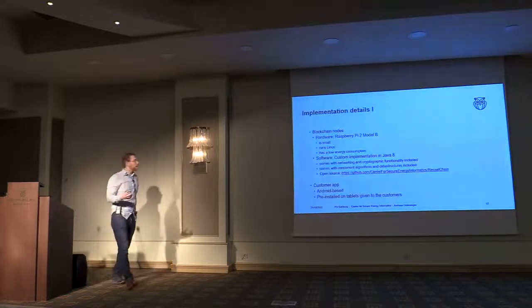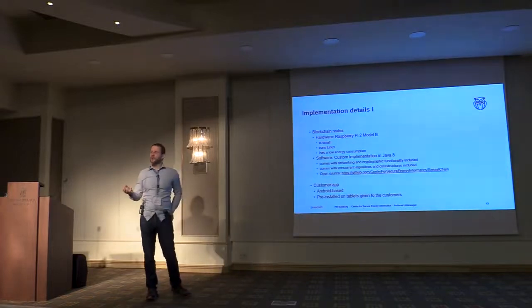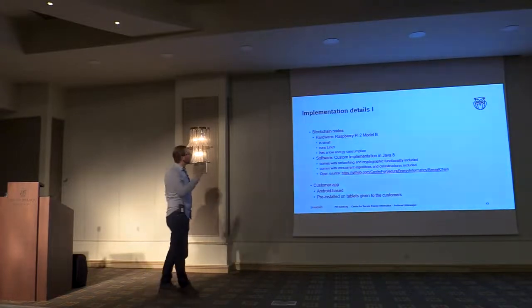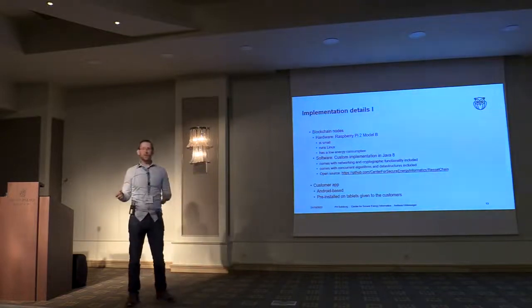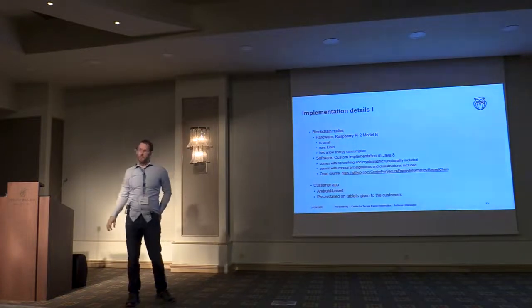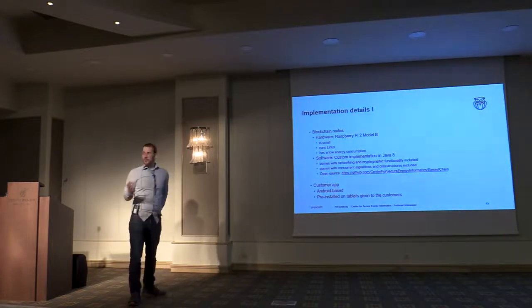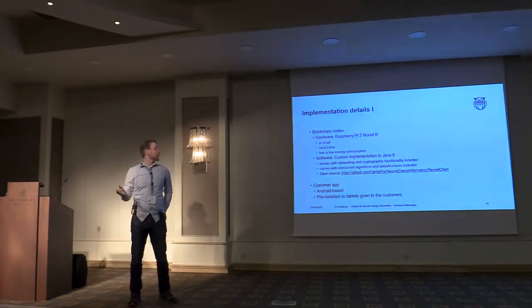We'll talk a little bit about the implementation details and then afterwards some interesting conclusions that we got from this project. So for the implementation, we decided to use a Raspberry Pi because it was easily available, it was very small, and you could put it very easily into a customer's home. It can run Linux, which is a big plus because it means that you can run a lot of off-the-shelf software there.